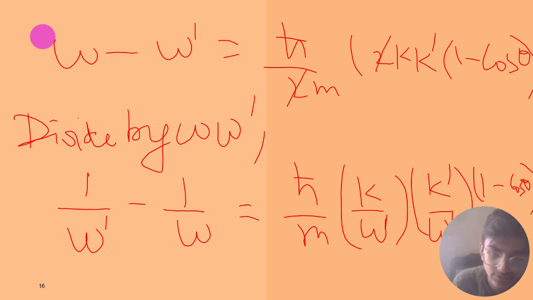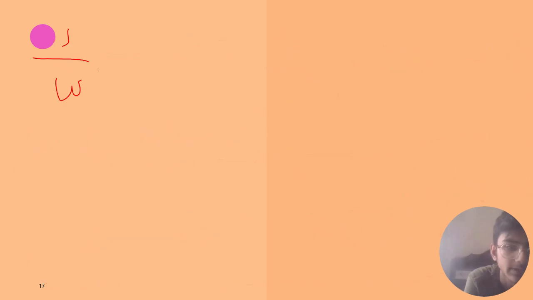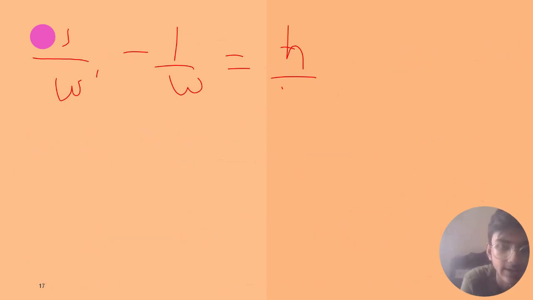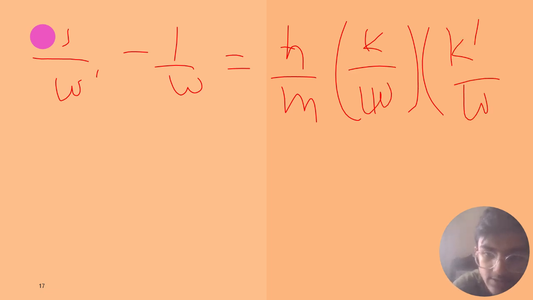So we will use ω by k equals c. Just look at this equation first, then we will use that one also. 1 by ω' minus 1 by ω is equal to ħ by m, k by ω, k' by ω' into 1 minus cos theta, right?